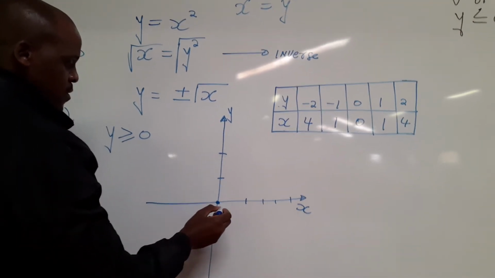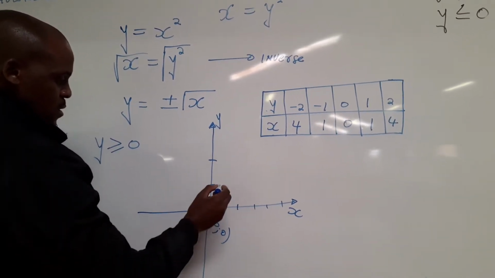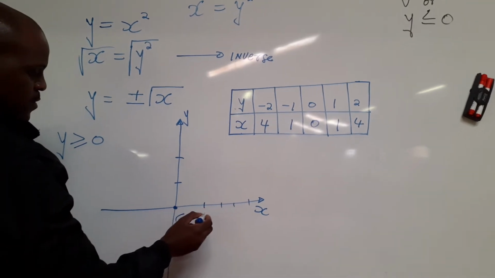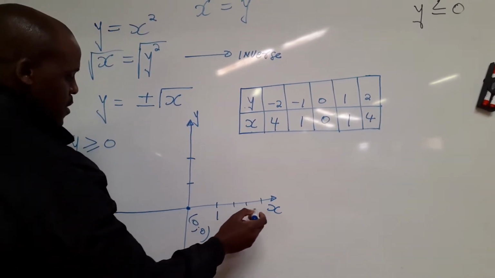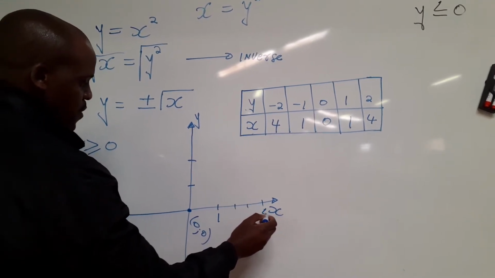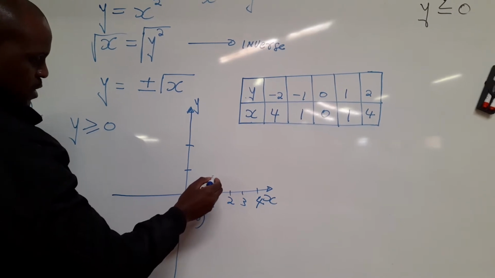Right? We've got 0 is to 0 there. And then 1, it's 1. And then it's our 4 there. 1 is to 1.